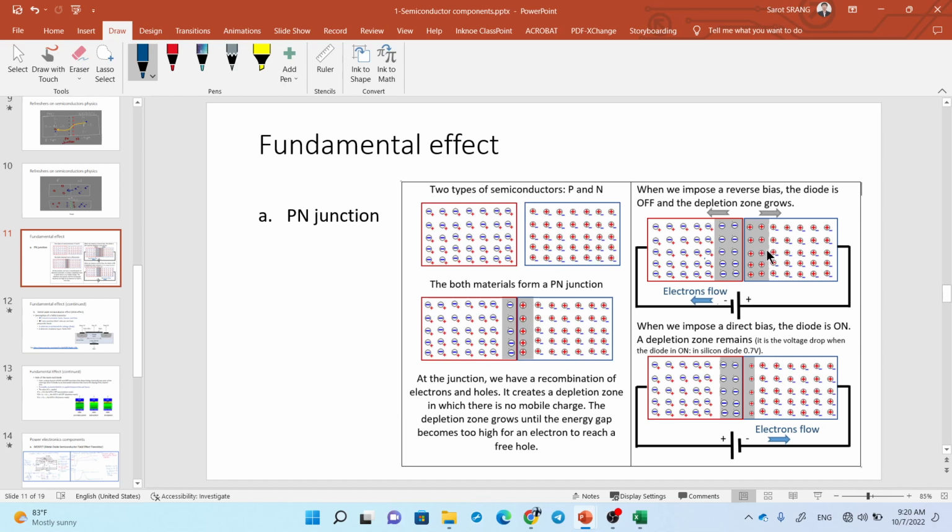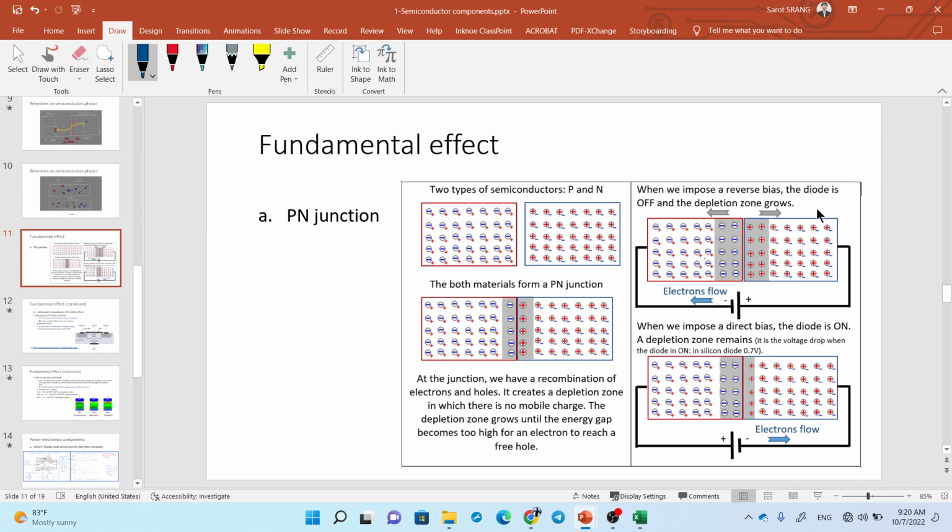So the electric field grows higher. Then this electric field will be equivalent to the electromotive force from the battery. Then in this case, there's no current flow.